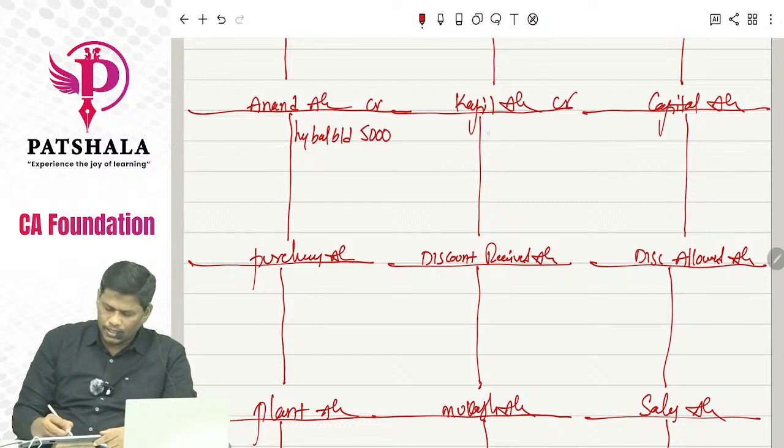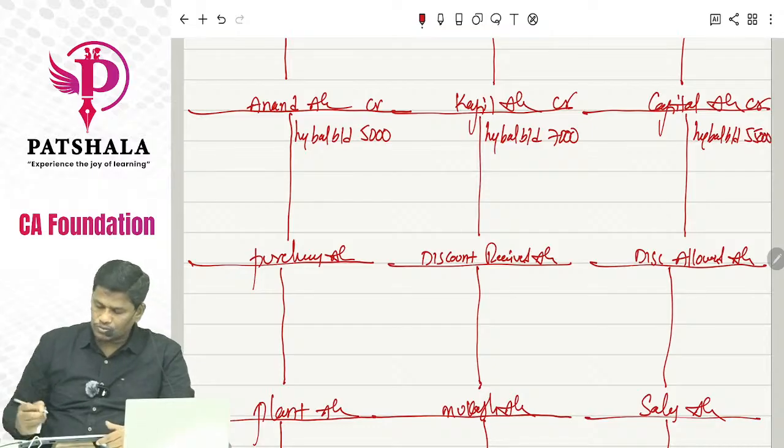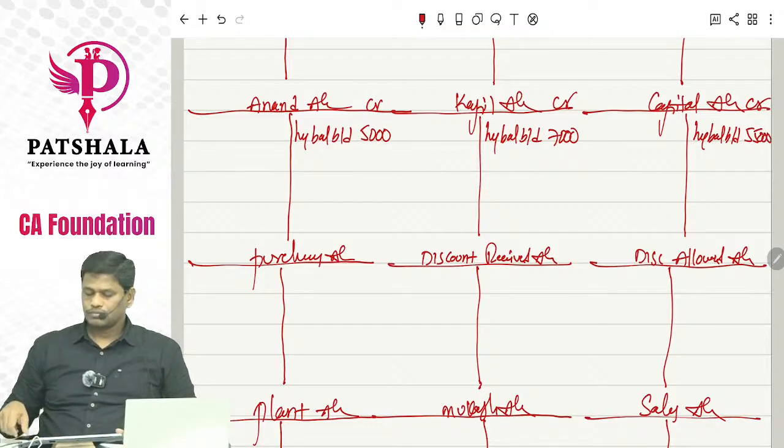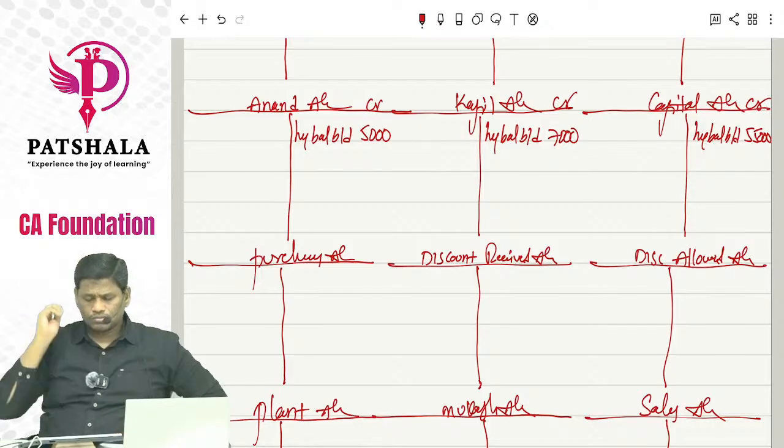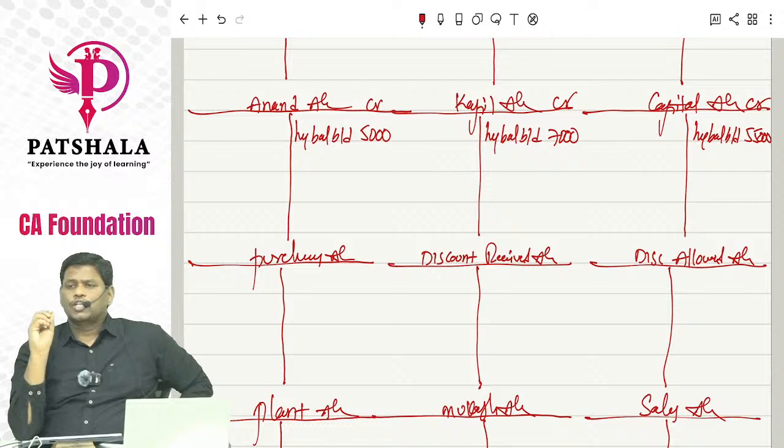Similarly, go to Kapil. Write again, by balance brought down. How much Kapil? 7,000. Similarly go to capital. Right. By balance brought down. 55,000. Go to all credit accounts. Write the respective dates, 2022 January 1st.